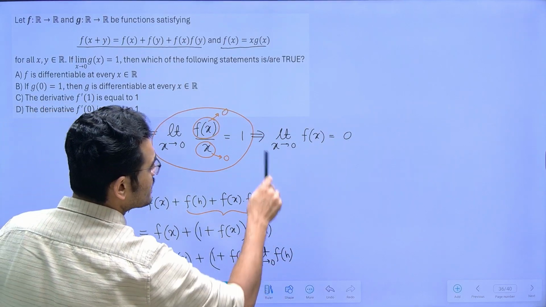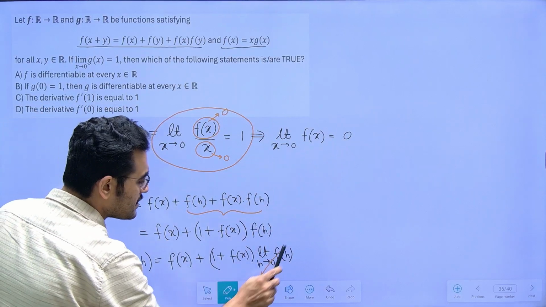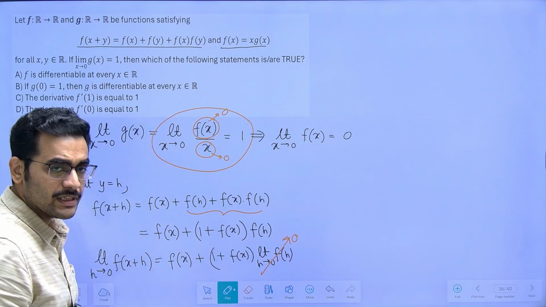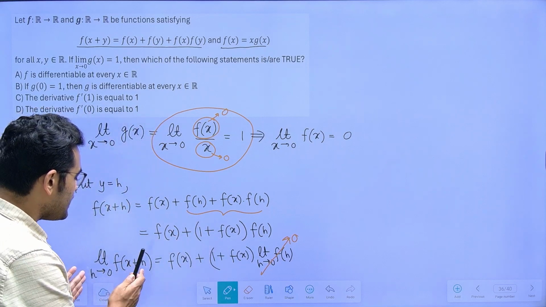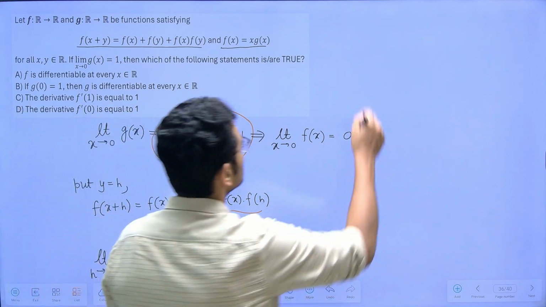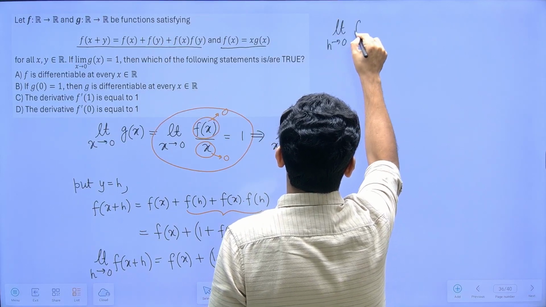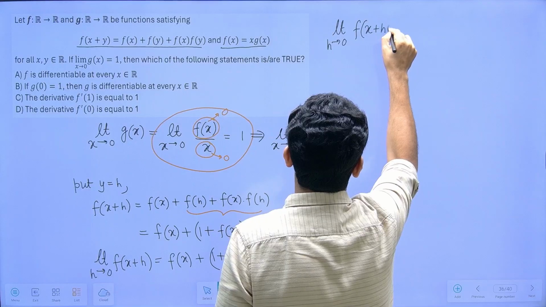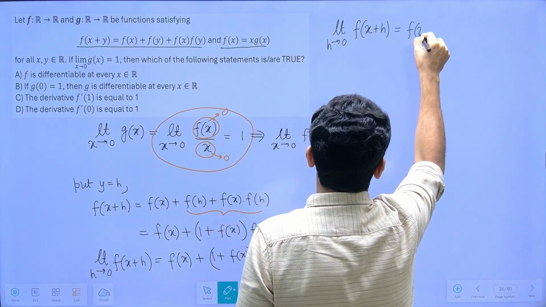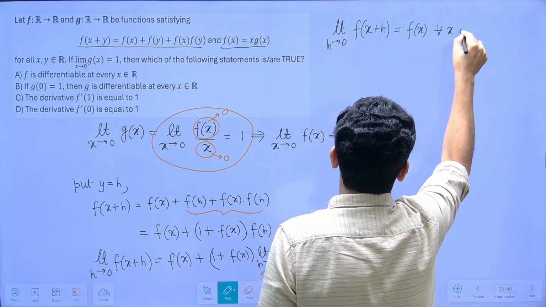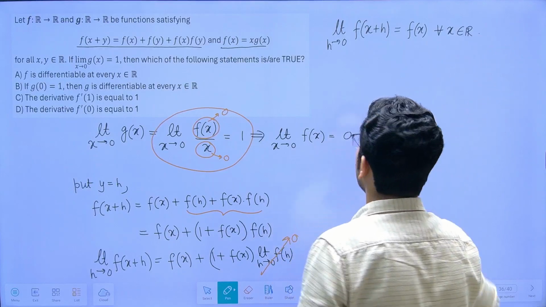Now we know that limit x tends to 0, f(x) is 0, so this limit is equal to 0. That means this limit is equal to f(x). So we can say that limit h tends to 0, f(x+h) is equal to f(x) for all x belongs to R. This one we have proved.